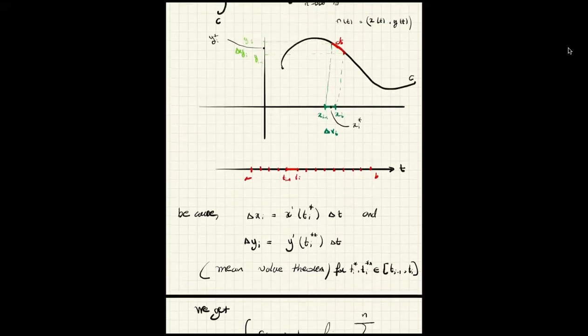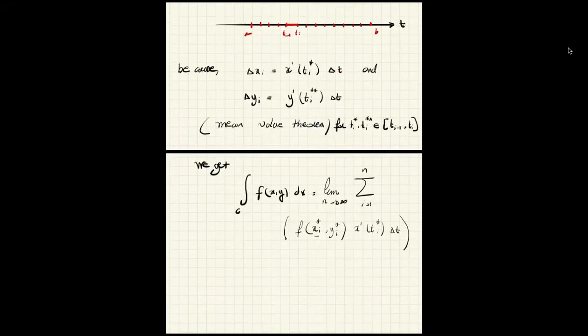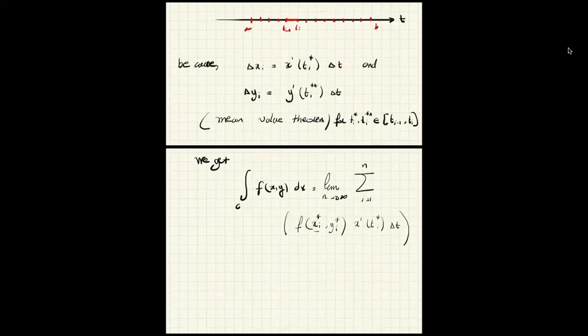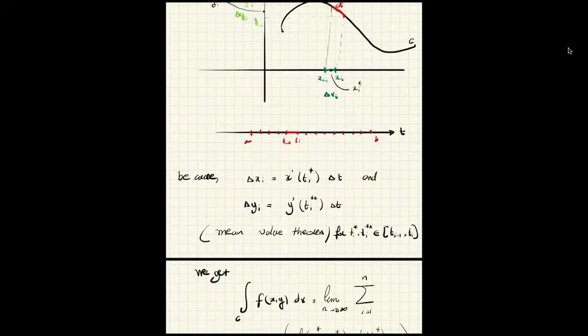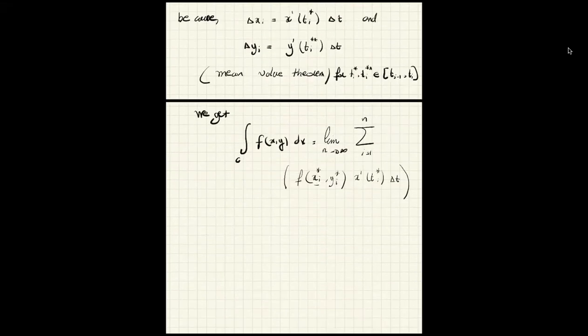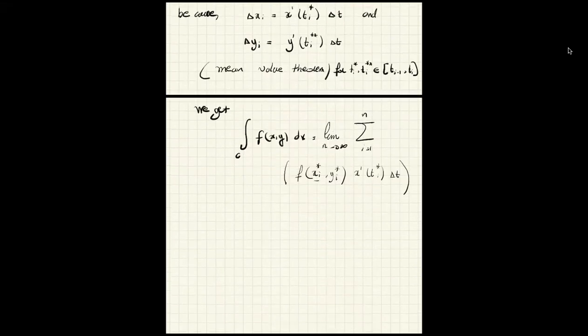Right? So you just can take the x(ti star), right? And it'll give you a Riemann sum, right? Right, which is a Riemann sum.